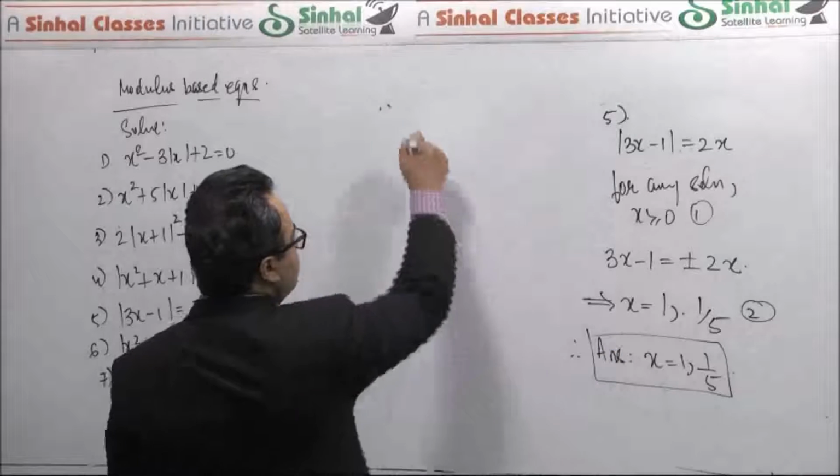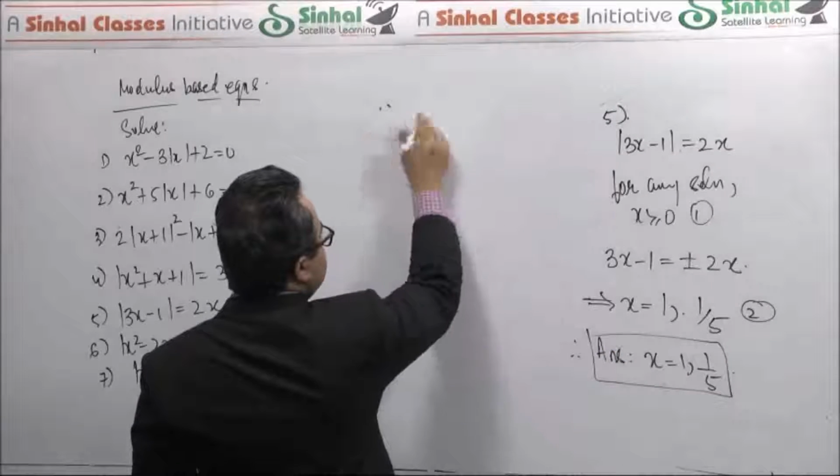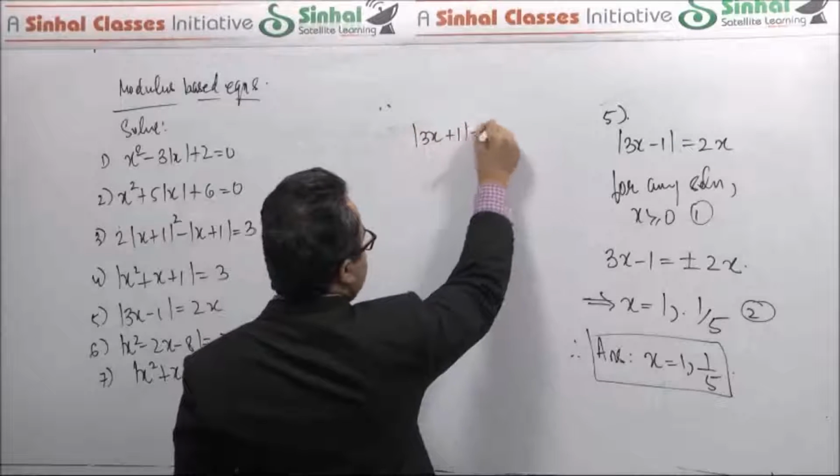As a similar question, suppose the question had been mod 3x plus 1 equal to 2x.